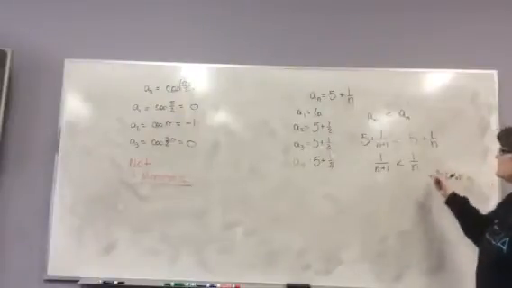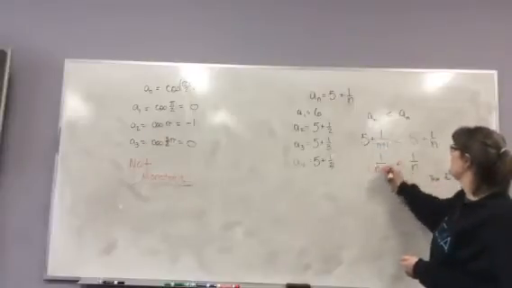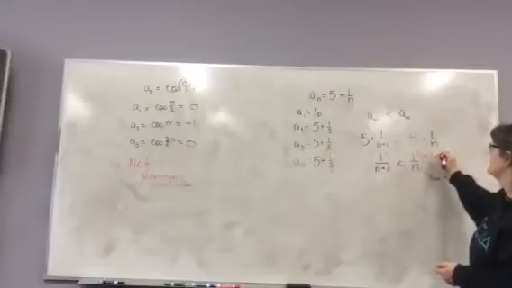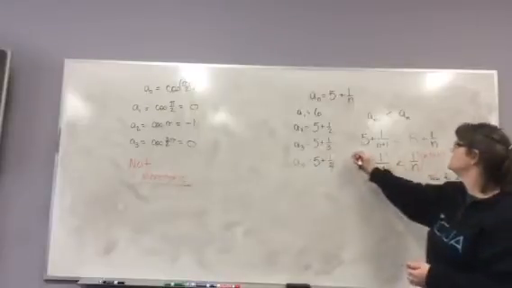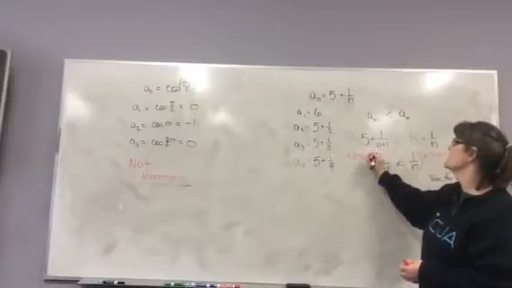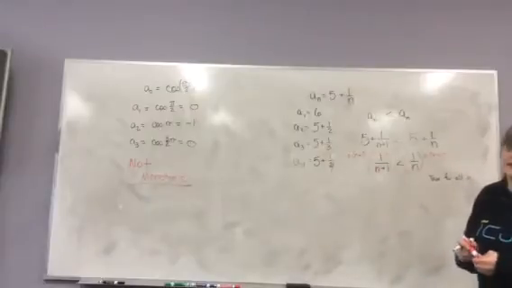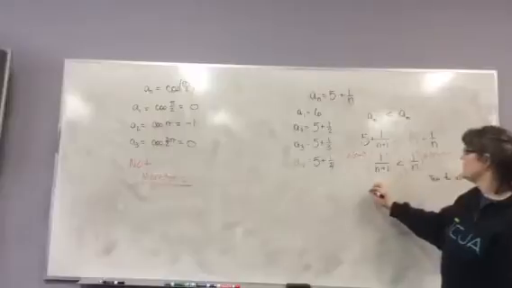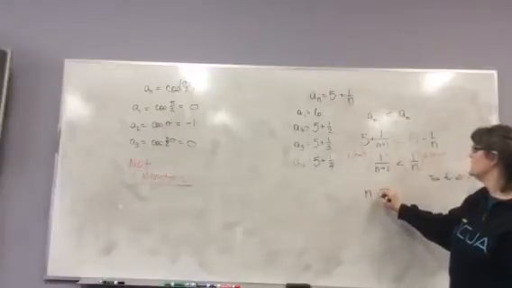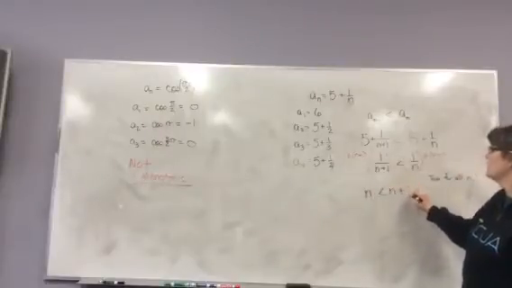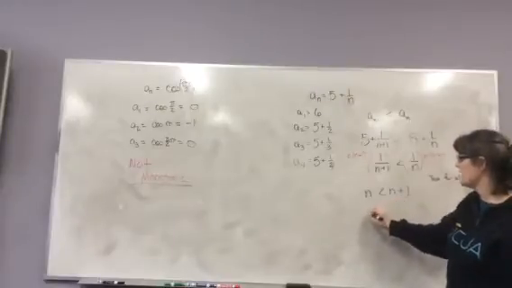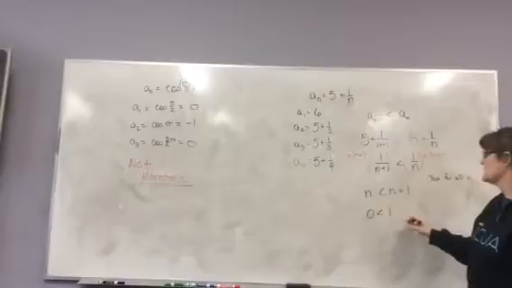If you're not convinced, you could go on, multiply both sides by n and n plus 1. We know that these are positive numbers because a sequence is defined when n is a positive integer. If we multiply both sides, we get n is less than n plus 1, and we know that's true for all numbers, or you can subtract n and get that 0 is less than 1.